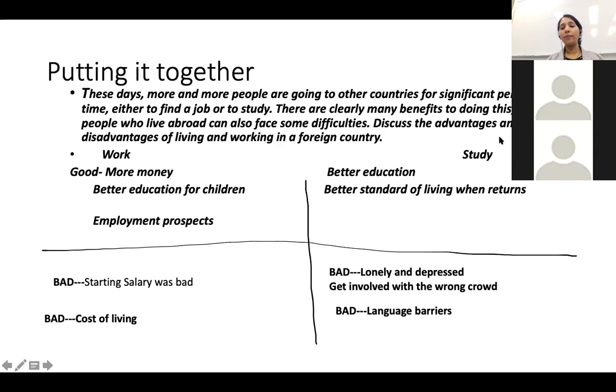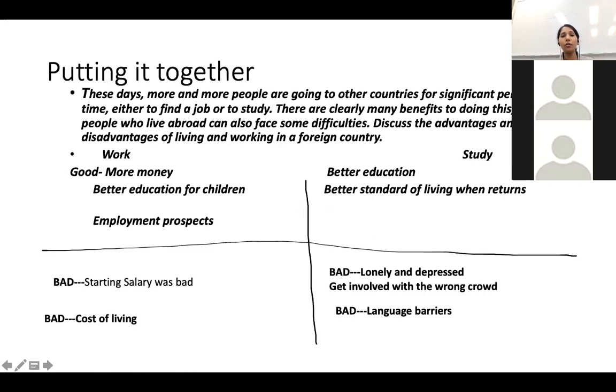Now, if you're going abroad to study, on your right side, you would put what is good about going abroad to study. You'll get better education, better standards of living if you return home. What is bad about moving abroad for studying? You might feel lonely and depressed. You might get involved with the wrong crowd, and then you might have language barriers.